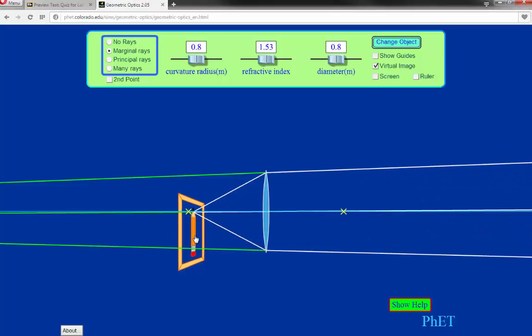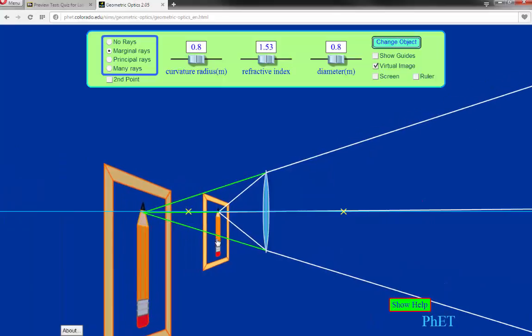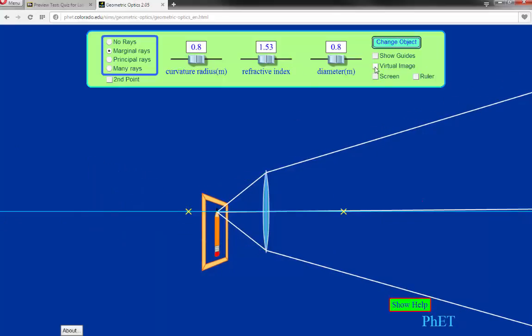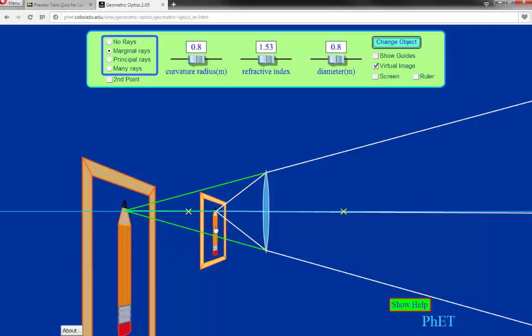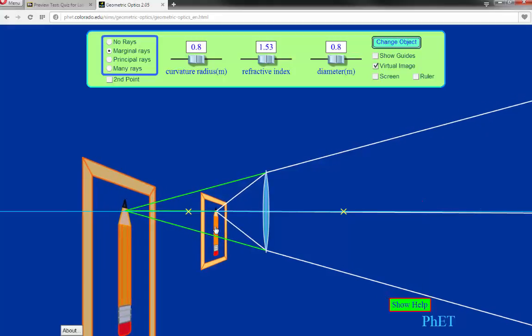And then all of a sudden, when I move past the X, you see these green lines appear. And so here's the image. And if I turn off virtual image, it goes away. So this means that it's forming a virtual image. And then looking at the orientation of everything here, it looks to me like this is larger than the object.